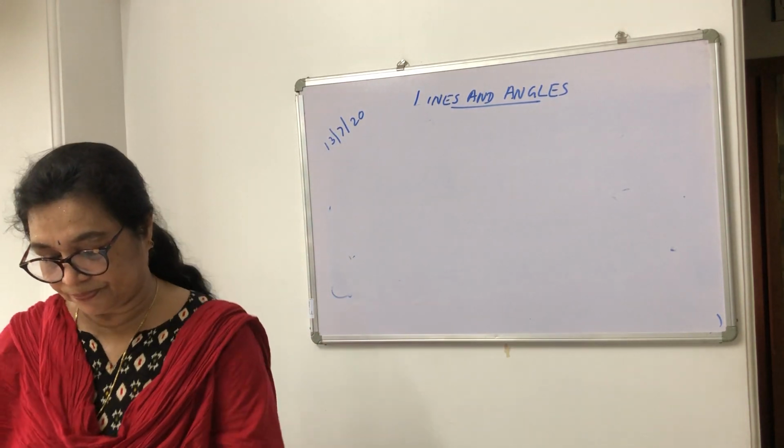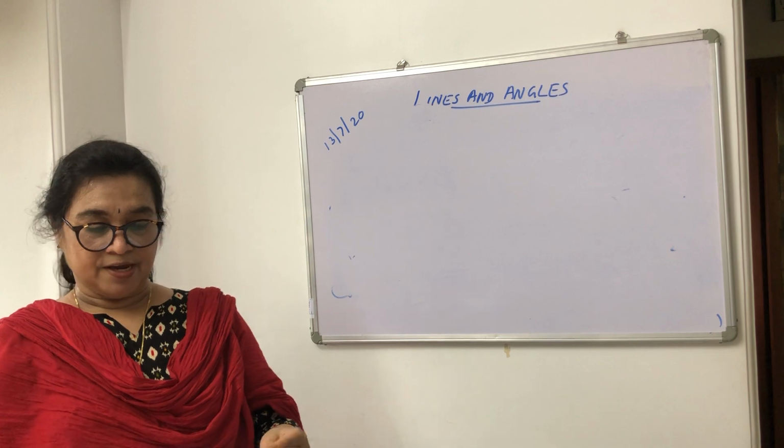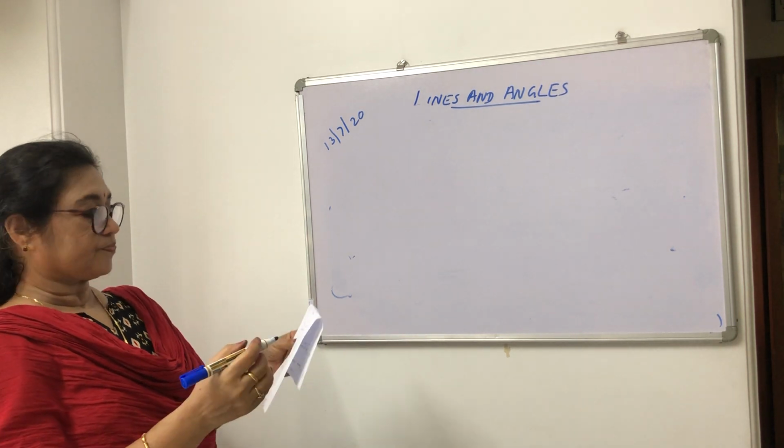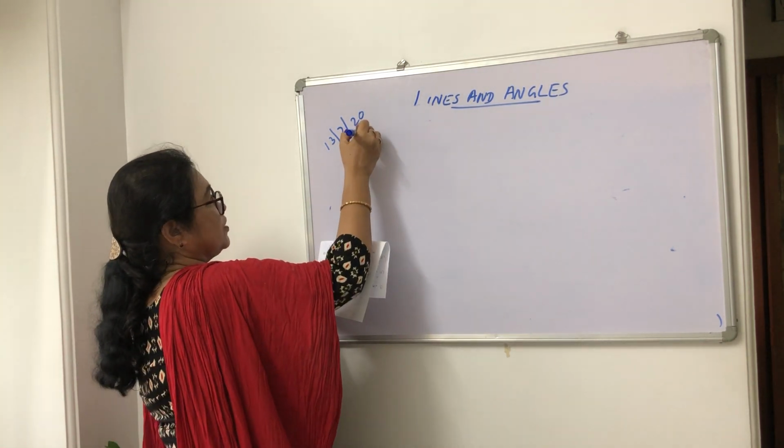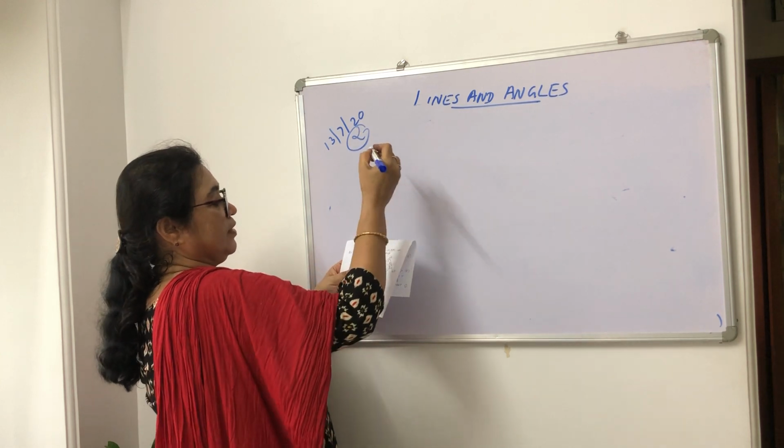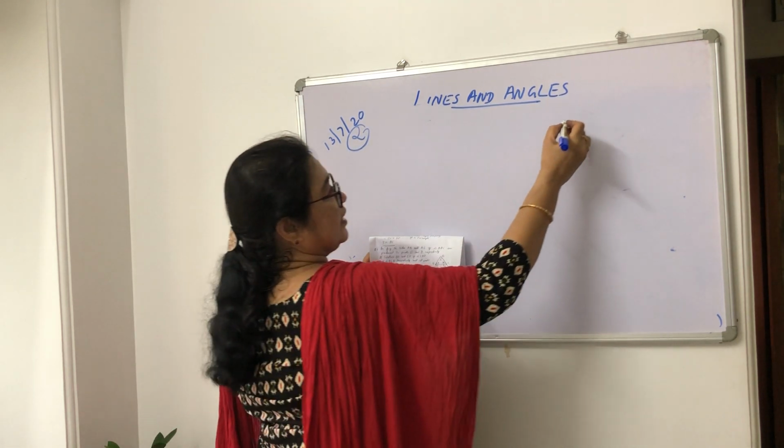Next one. In the figure, see number 2, triangle ABC.